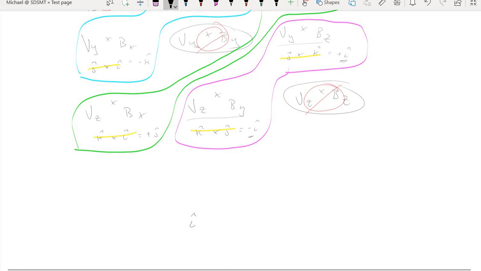That sine theta is sine of 90, which is 1. So the only thing that's going to be left is the product of these component values. And I'll start with the values that produce the positive i outcome. And then I'll subtract the values that come from the negative i outcome. Why am I subtracting? Well, because this indicates that the result would be pointing in the negative i hat direction.